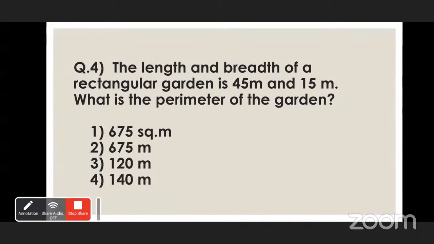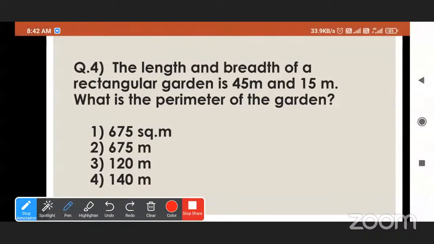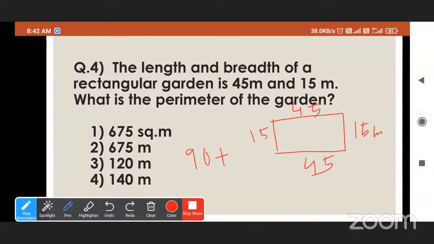Okay. The question number 4. The length and breadth of rectangular garden is 45 meter and 15 meter. So what is the perimeter of that garden? Here the length and breadth is given. So what is the perimeter of this rectangular garden? Length is 45 meter. Yes. 120 meter. Okay, we will see, 45, 45, 90 plus 15, 15, 30.